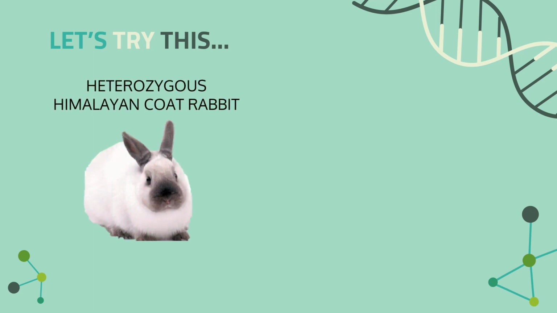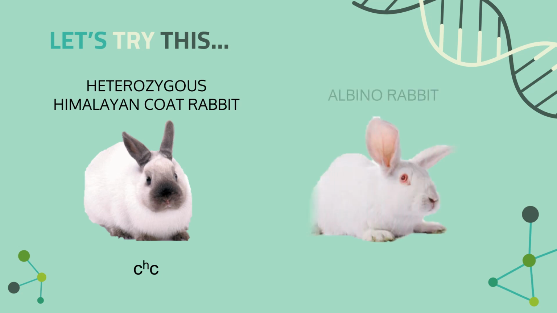Heterozygous Himalayan coat color means it has 2 different alleles. Himalayan coat has 2 possible genotypes, and the heterozygous one is c^h c. On the other hand, albino has 1 possible genotype, so it's definitely cc.